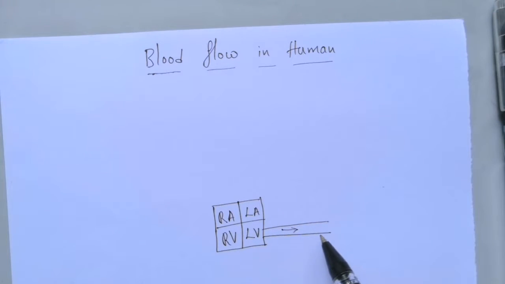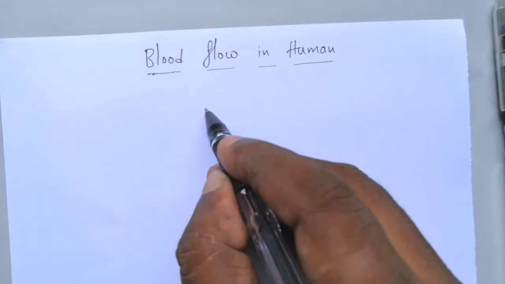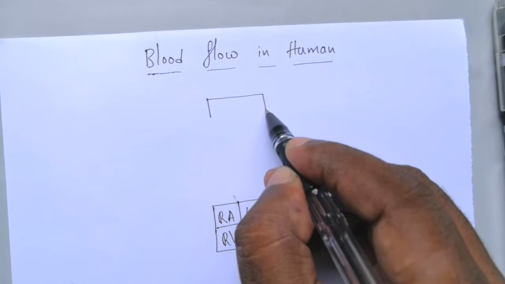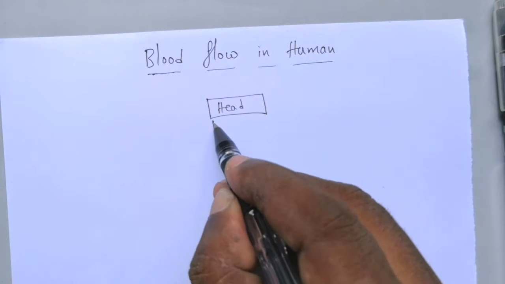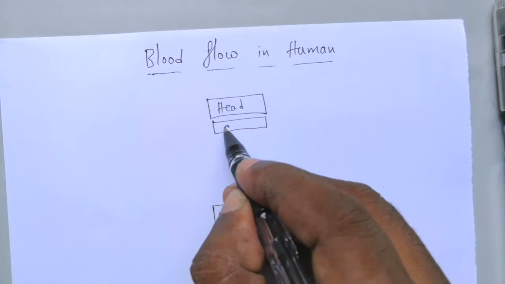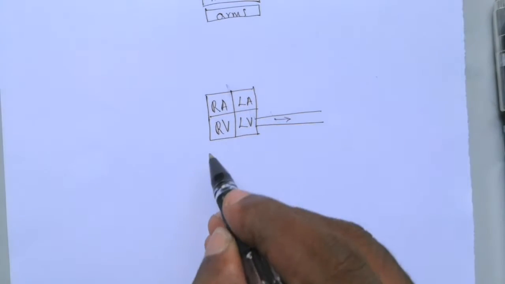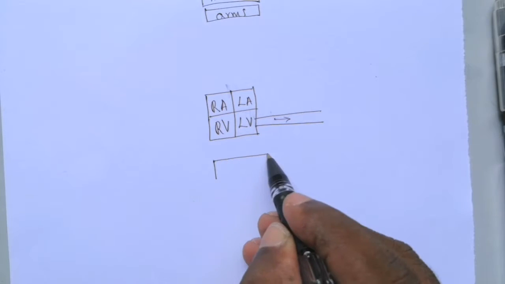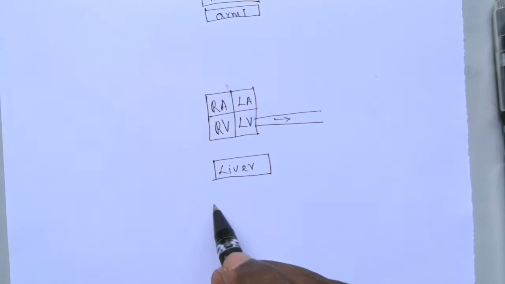This is aorta. Then above the heart we can draw main body parts, that is head, arms. Then below the heart the main body part is liver.